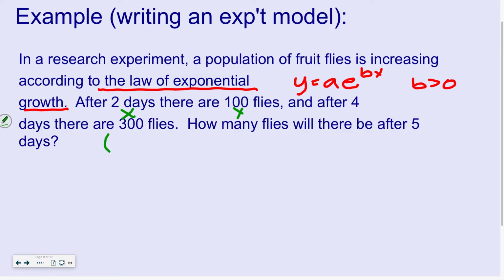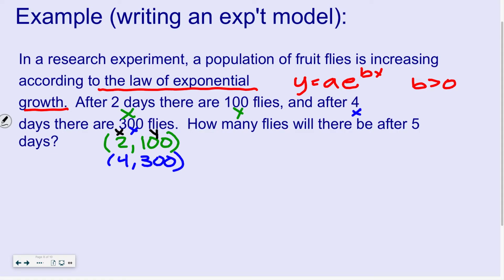So what I have here are 2 ordered pairs: 2, 100 and then 4, 300. So those are my X's and my Y's.